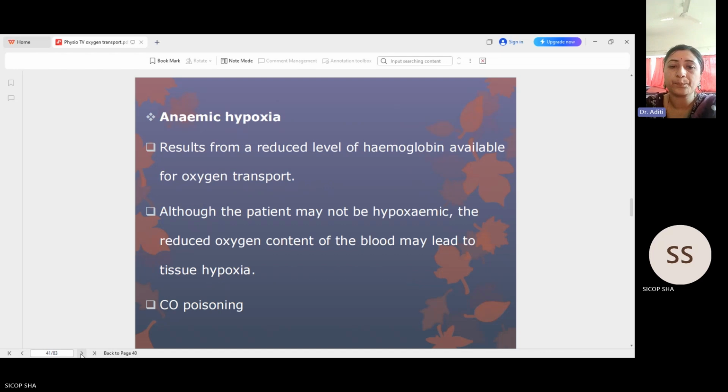It results from a reduced level of hemoglobin available for oxygen transport. Although the patient may not be hypoxemic, the reduced oxygen content of the blood can eventually result in tissue hypoxia. Examples are carbon monoxide poisoning or anemia from many different reasons.